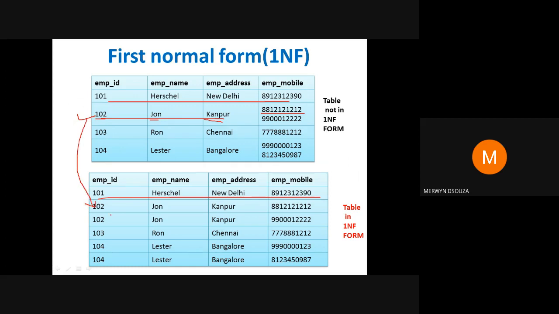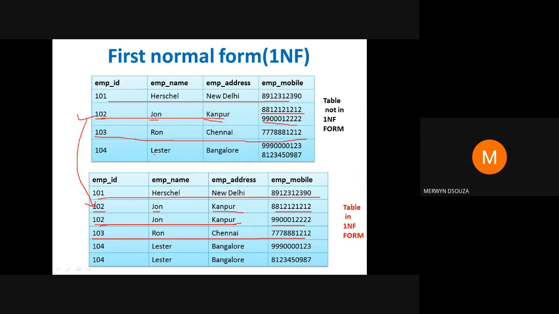For the first mobile number, we repeat this information: employee ID, name, and address, and the first mobile number. Then we copy the second number here, again repeating the employee ID, name, and address. Since it belongs to John, the ID and address of John are repeated. For Ron, we again had just single values, so we copy them as it is.